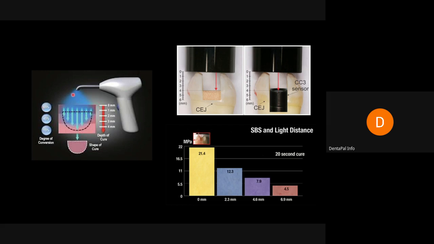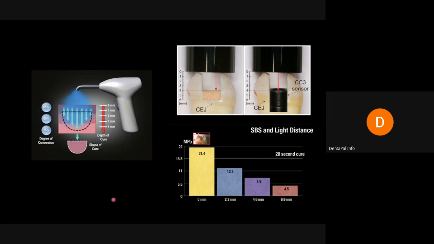Look here, at the top of the composite, it's up to 65% conversion rate. In the middle, 45%, at the bottom, 15%. So this degree of conversion was decreasing when the depth of cure increased.